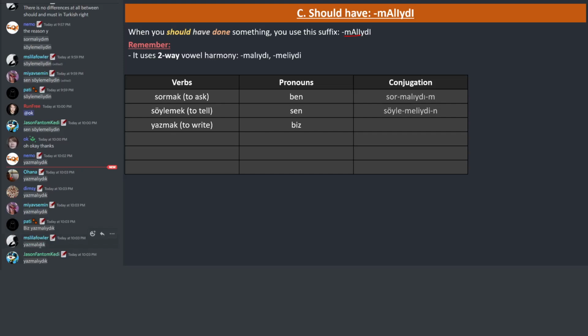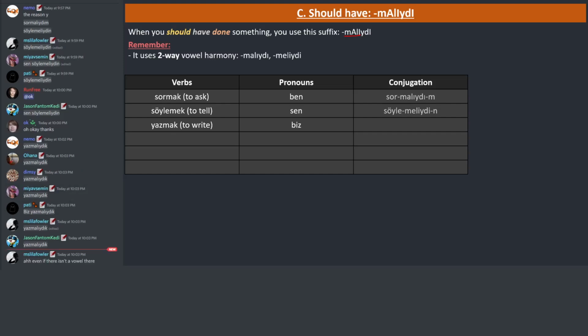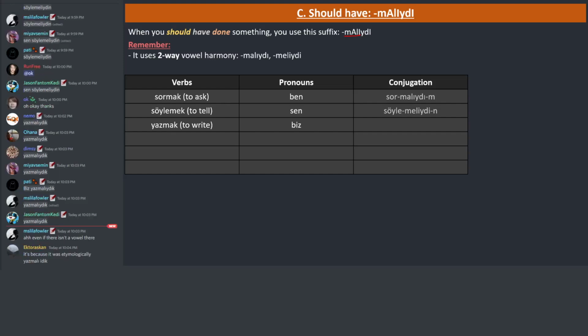Lila, you forgot the buffer. You need a buffer. Remember. Yes, that is correct. Because in some old books you can see E in front of the, like yazmalı idik. The past form of this, yes, I think it's called copula.